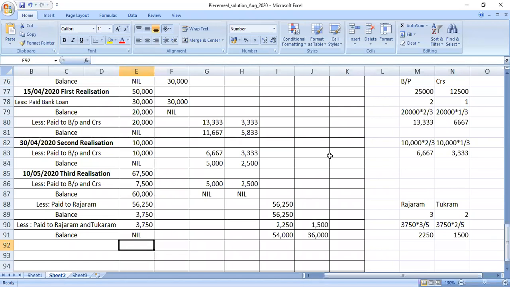Nitesh Tandilkar, sir, I think 13,333 and 667, 20,000 after the balance.